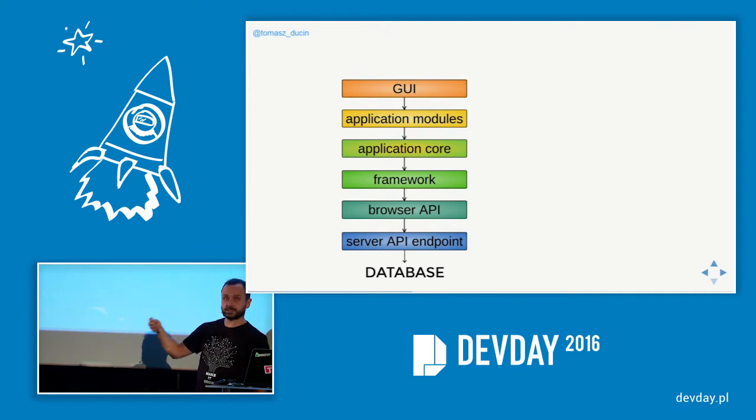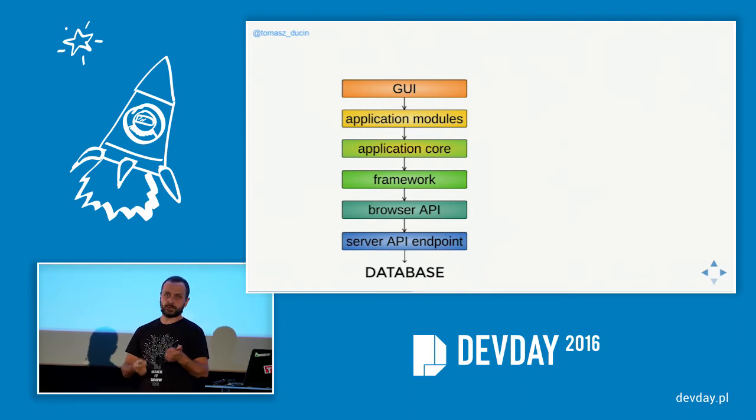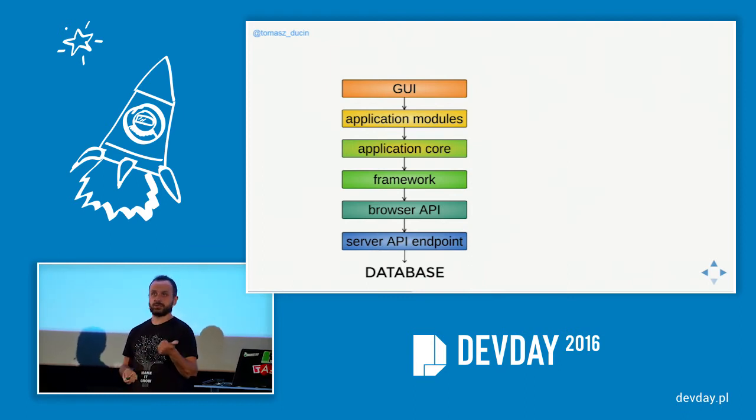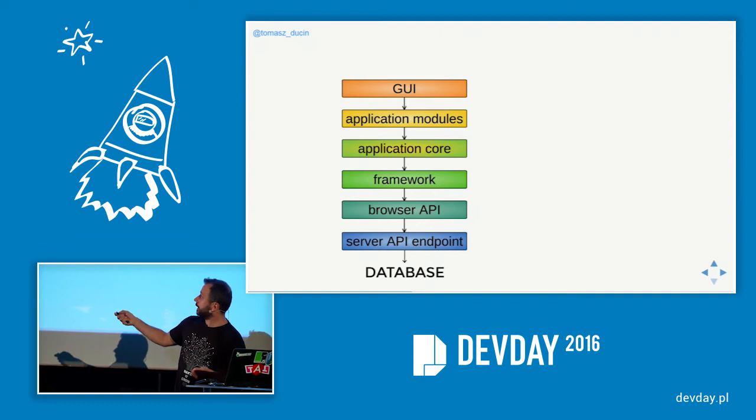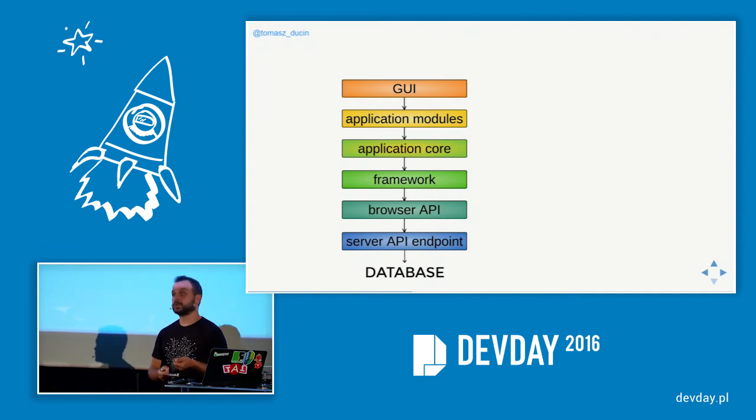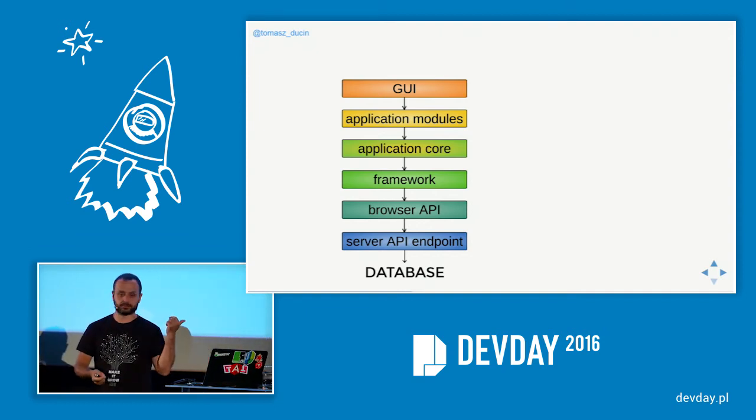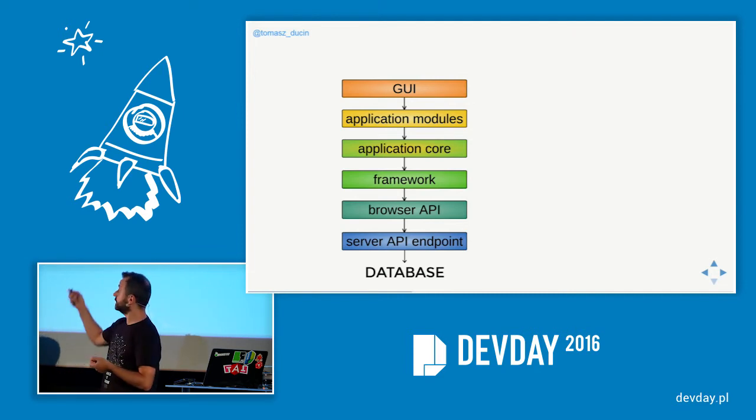Browser API is just whatever technology you have implemented in the browser, so it would be basically built-in JavaScript. At this point, we've got the framework, so it might be Angular.js, React, jQuery, whatever you use here. Application core. Most of the time, we do have some kind of shared functionality inside our system.